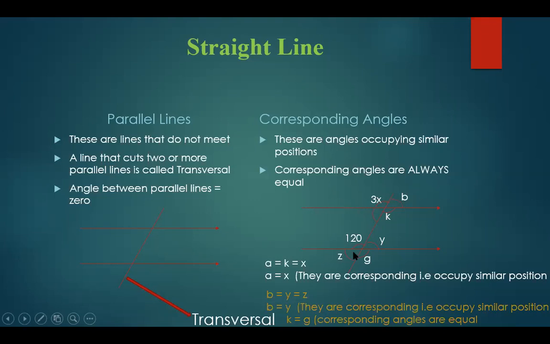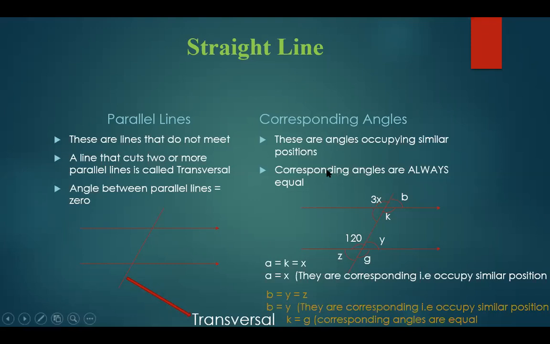The same thing is applicable when you come down to this second line. We have 120 to the left. This is the left, and this is the right. 120 is to the left, and it's also to the top of this line. 120 is on top of Z. So 3x and 120 occupy similar positions, so they are called corresponding angles.